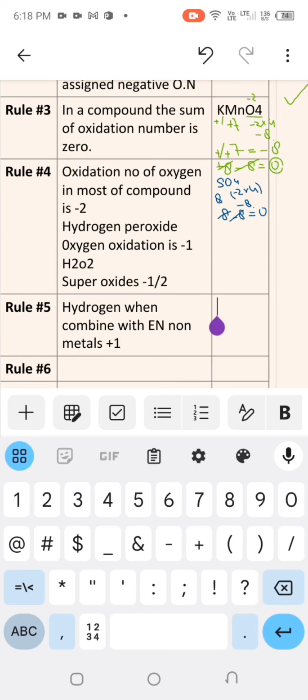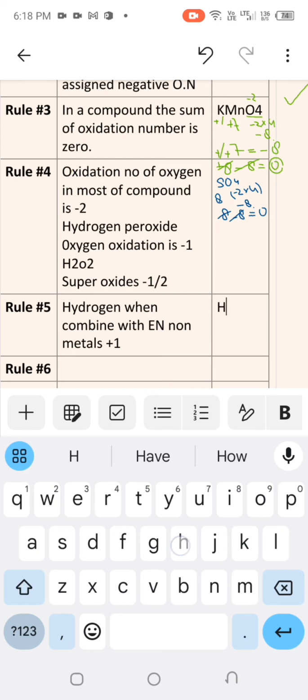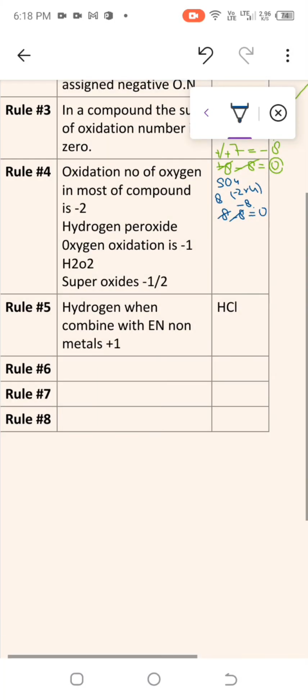Fine, +1. If I give you examples, it will be HCl. How is it possible?